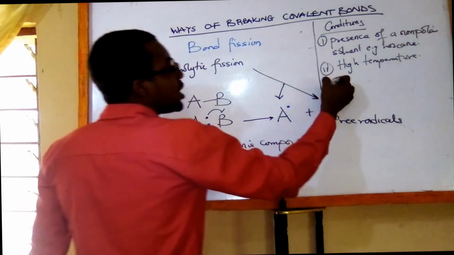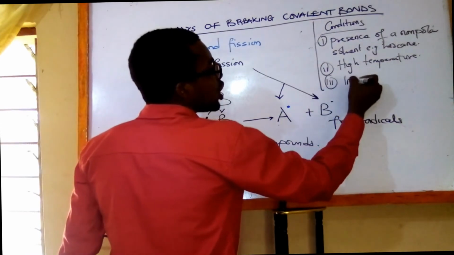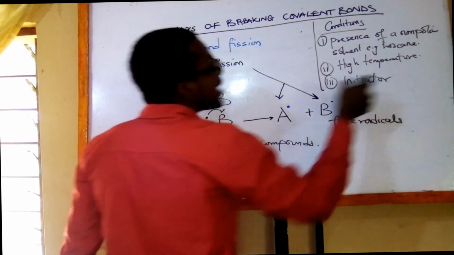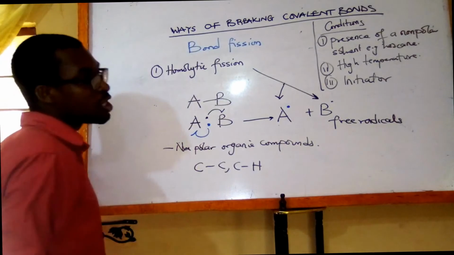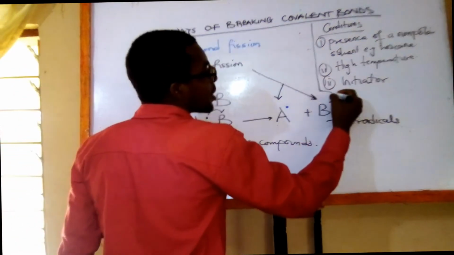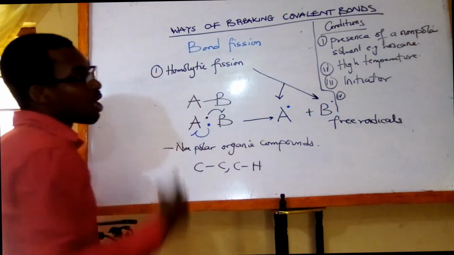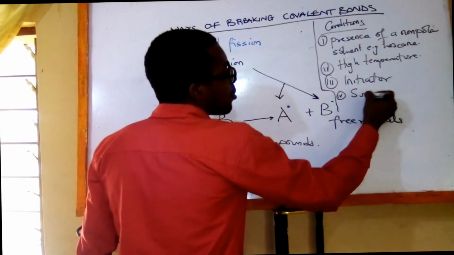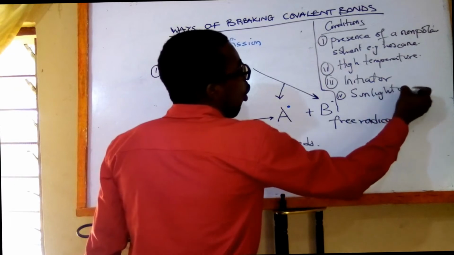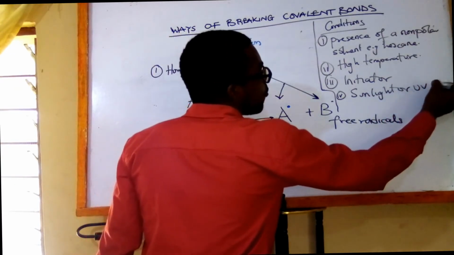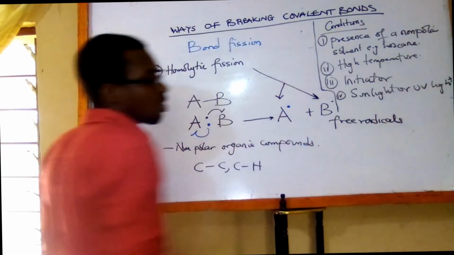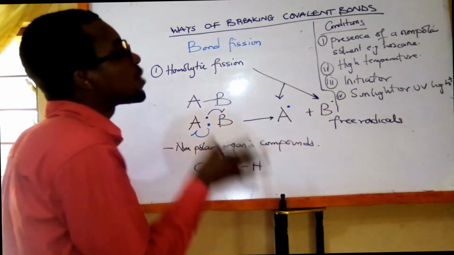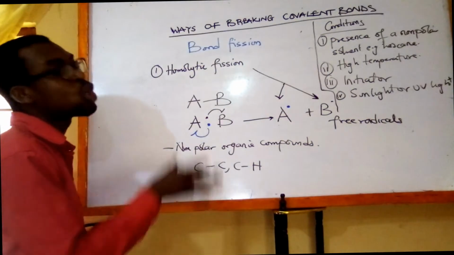Also, you need an initiator, something that initiates the homolytic fission. Another important condition is the presence of light, which could be from sunlight or ultraviolet radiation or UV light. These are the conditions needed for homolytic fission to take place.